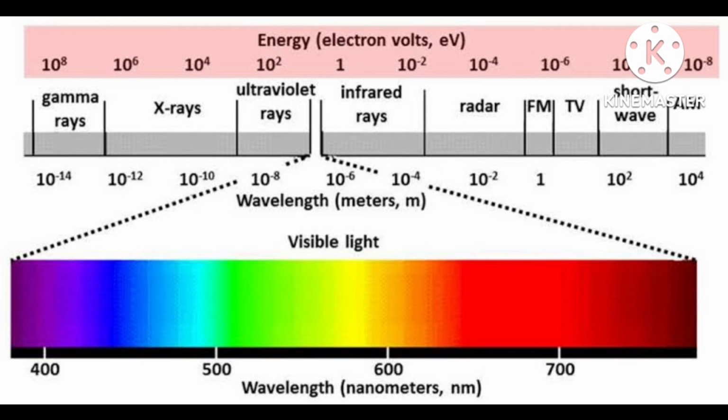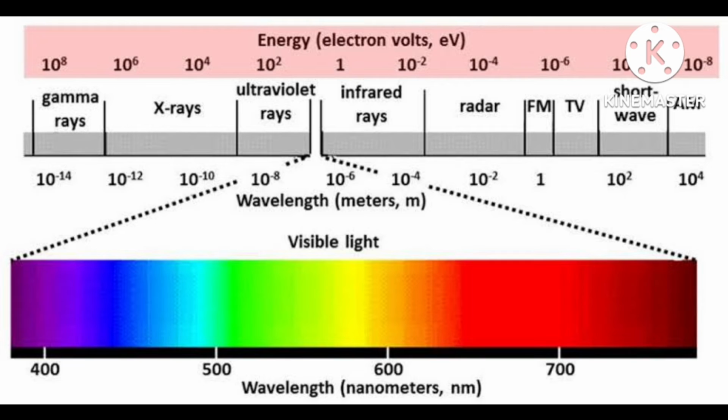The SI unit for frequency, which is represented by nu, is hertz, that is per second, s to the power minus 1. It is named after Heinrich Hertz, the scientist. It is defined as the number of waves that pass a given point in 1 second.